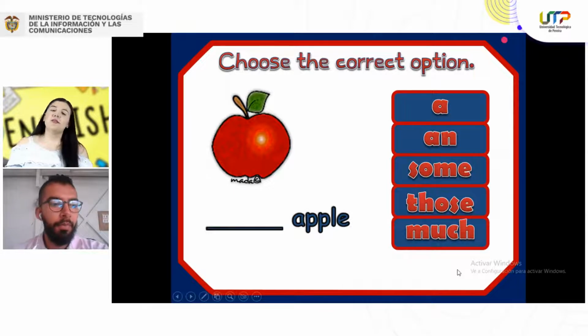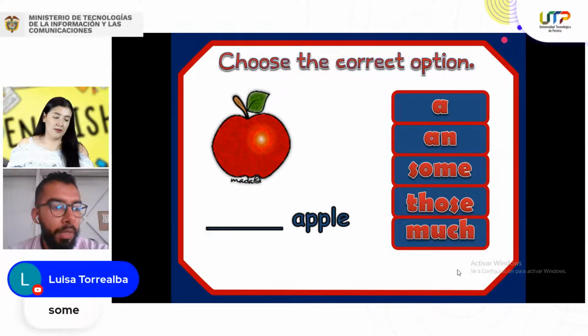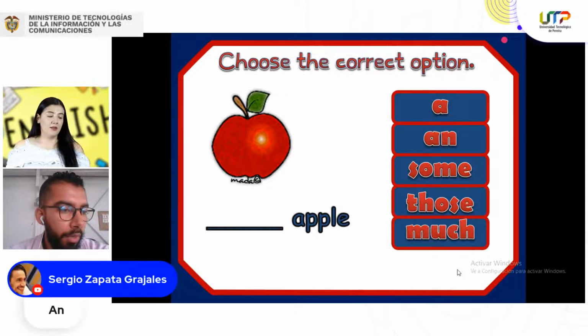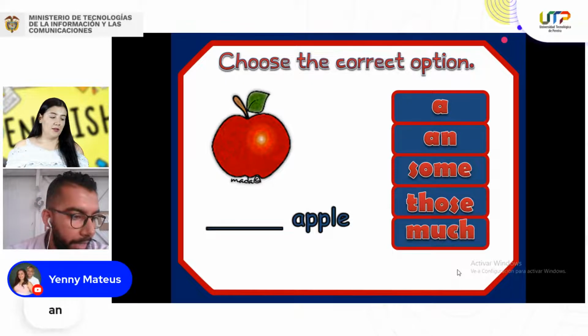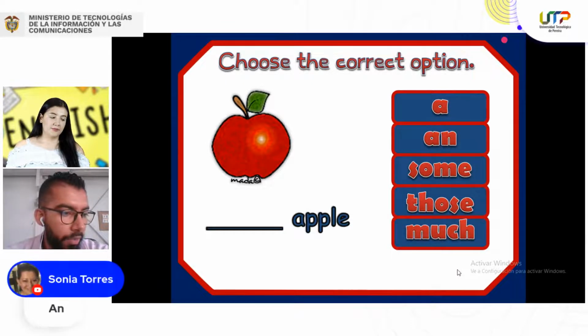Brian, do you have any comment in the chat in this moment? Yes, we have three comments. The first one was Luisa, some, but different from Luisa, Sergio and Mario wrote an, and also Dana, Jenny, Emily, Isabella, and Sofia. An.